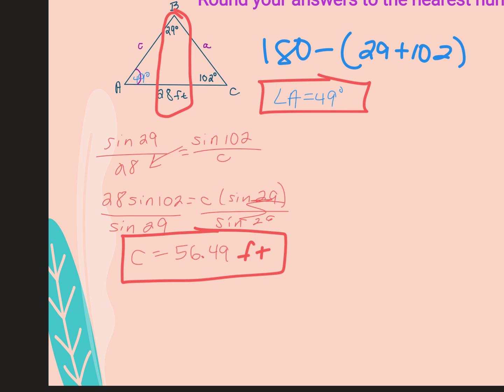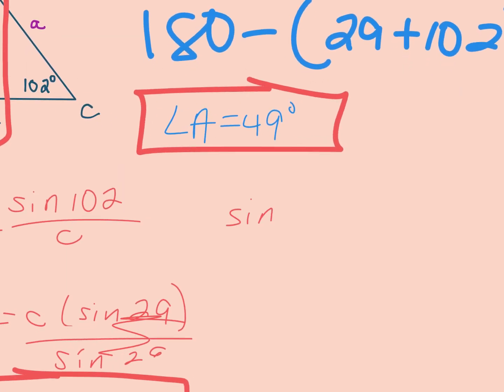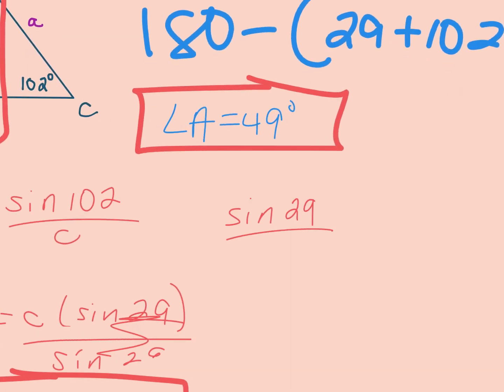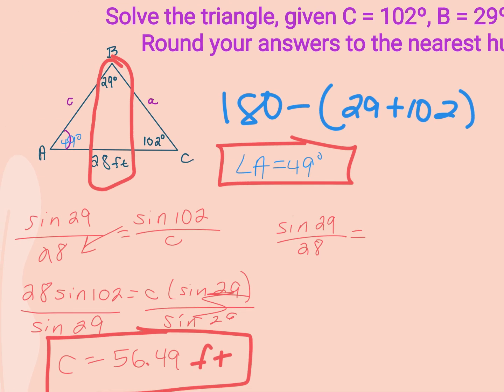Side A. So go back to the given information. They gave us at the beginning sine 29 over side, which is 28, equals. Now if we're going to find side A, what angle measure do we use? 49.